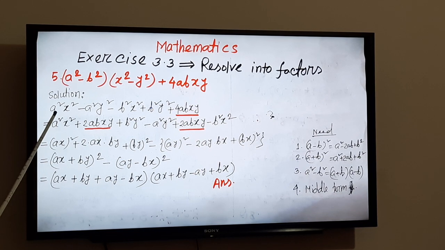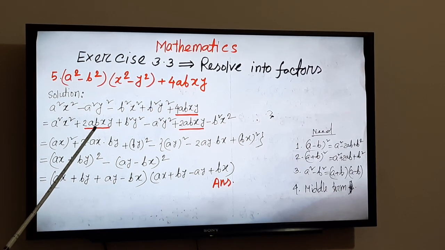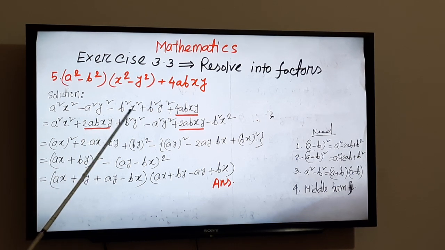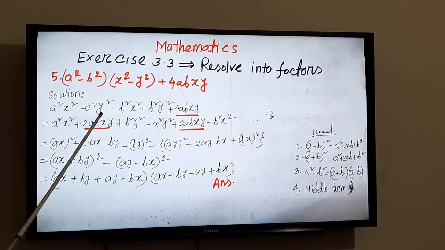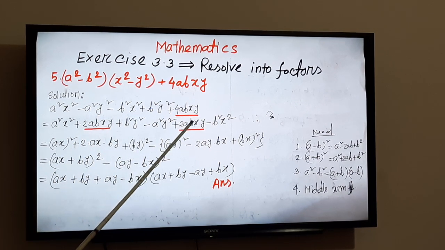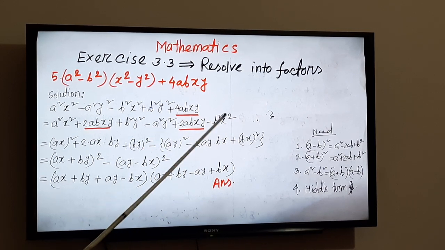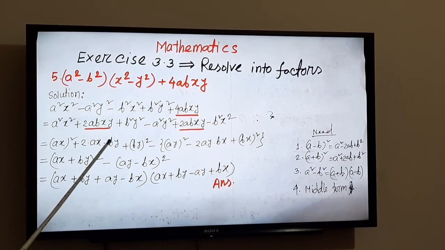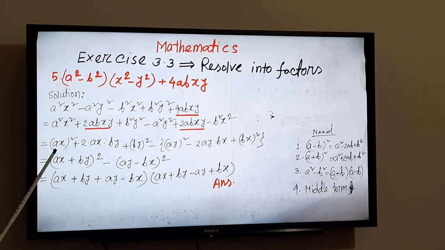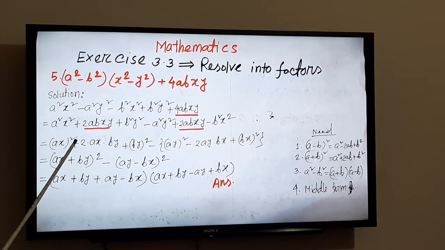One portion is a square x square plus 2abxy plus b square y square, and the other remaining term is minus a square y square minus b square x square, and the second portion plus 2abxy.